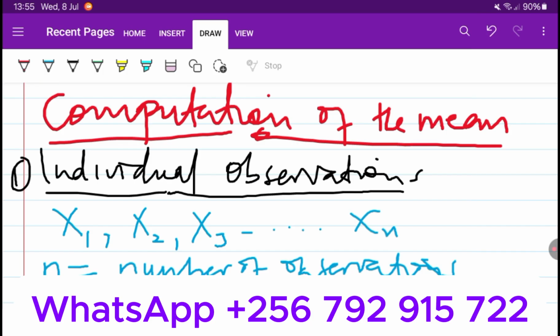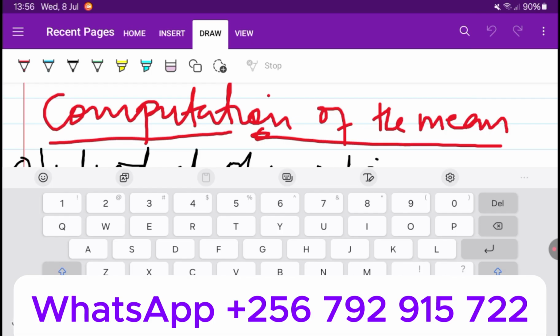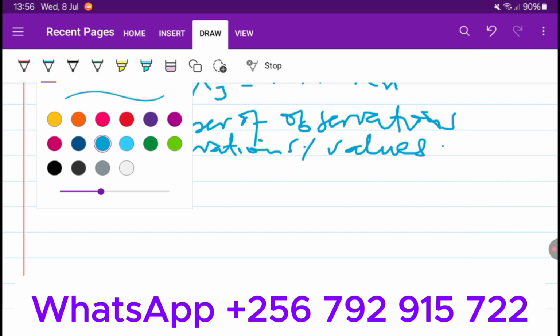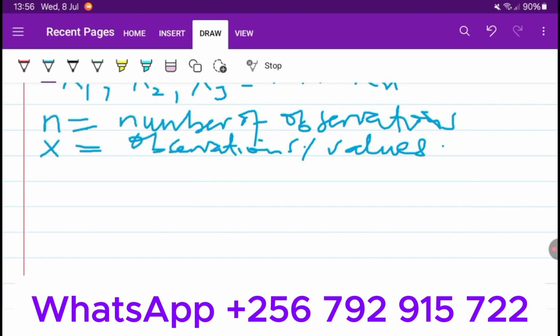So for you to compute the mean, we've said that you sum up all the individual values and then you divide by the number. So we've seen the observations are x. Of course, we use x bar to represent the mean.